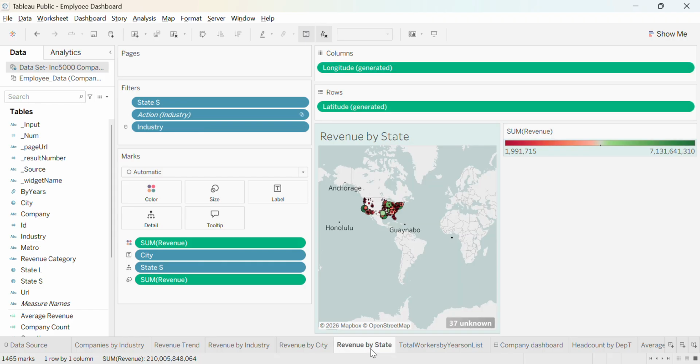Next, revenue by state. This is the interactive geographic map, one of the key requirements of this assignment. The map shows the revenue distribution across all US states using two visual encodings. First is the color.